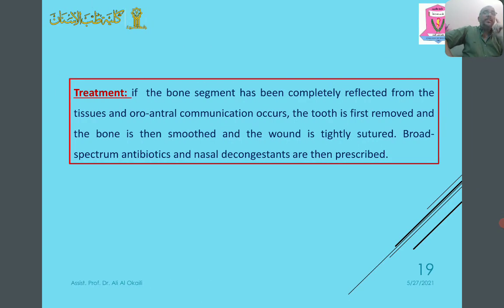Treatment: if the bone segment has been completely reflected from the tissue and there is oro-antral communication, the tooth is first removed and the bone is smoothened and the wound is tightly sutured with broad spectrum antibiotic coverage, and nasal decongestant are then prescribed.